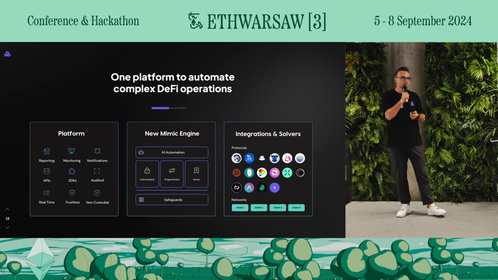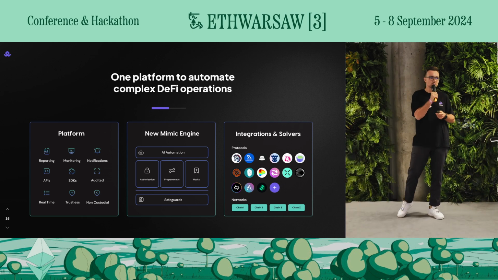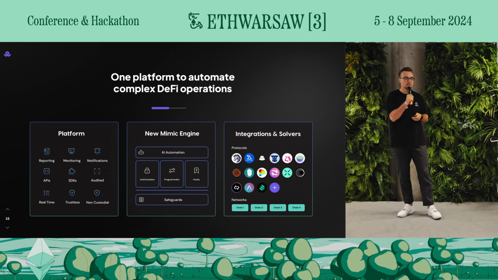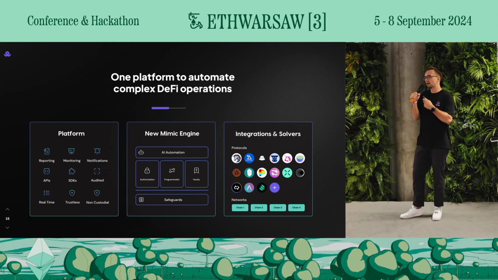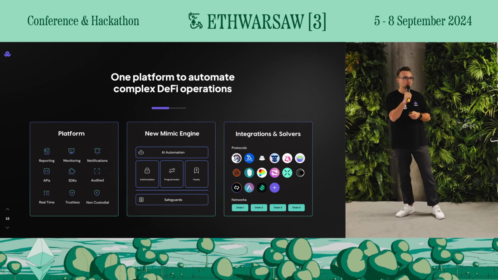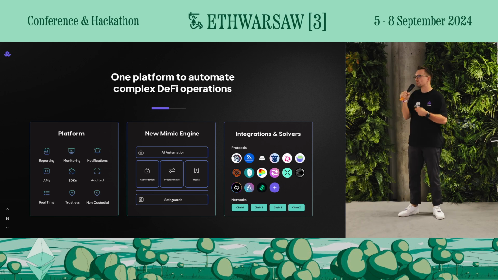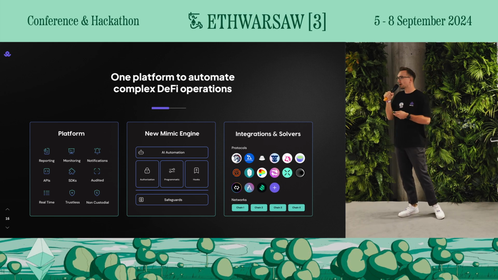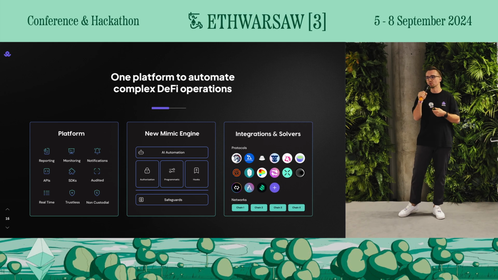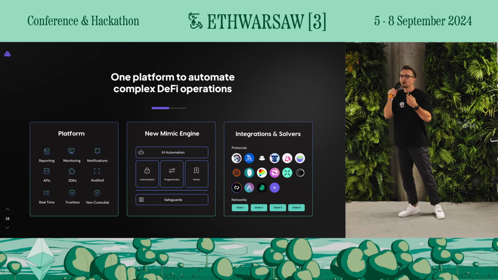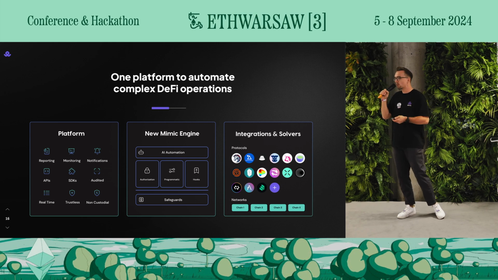So our goal is to build one platform to automate complex DeFi operations. We have built already a platform where any user will be able to sign up for an account, connect their wallet, deploy their own smart account, or connect an existing one.